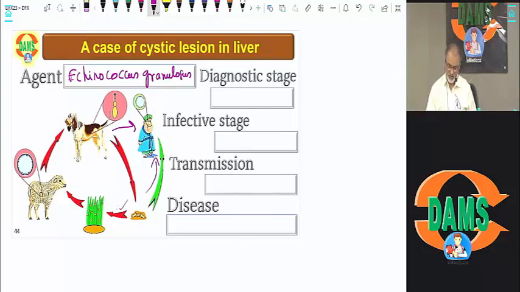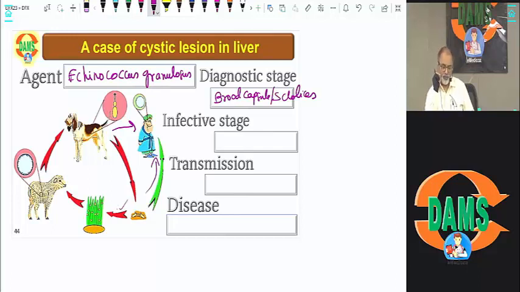Diagnostic stage is larva. You can get brood capsule and scolex.